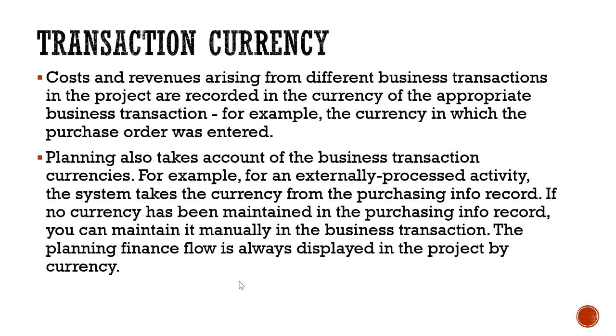Similarly for revenues, I provide some product to a customer who lives in India, so in that scenario it will be rupees. Who pays me from America, then my revenue will be in USD. Somebody who pays from Germany, that will be in pounds. So in this way, my transaction currency will be different based upon the type of transaction that is coming against the project.